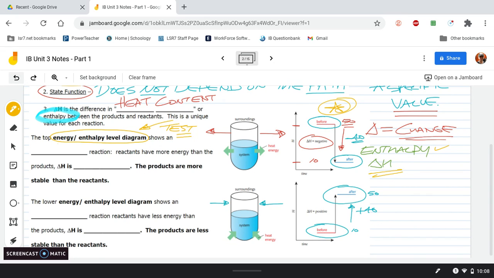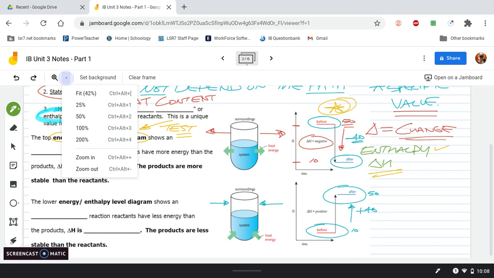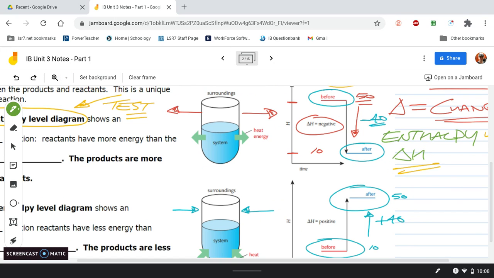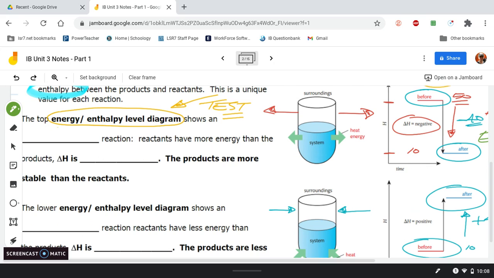Okay, so let's look at the definition here. It says the top energy or enthalpy level diagram shows a blank reaction. So we want to write in there. Let me see if I can blow this up again, give me a little more space to write.